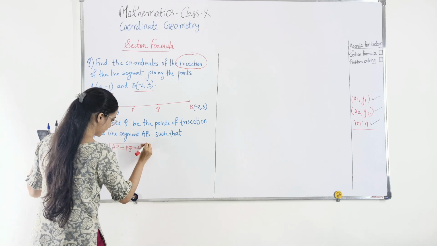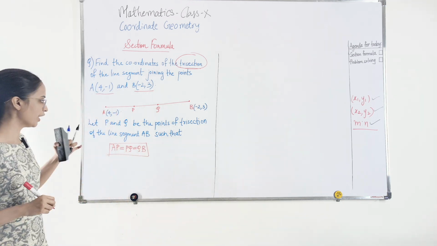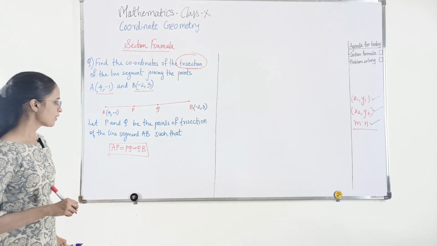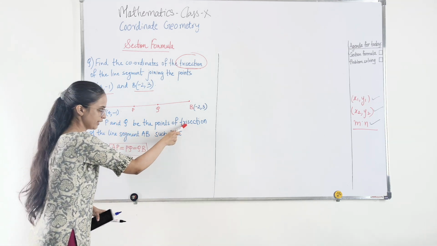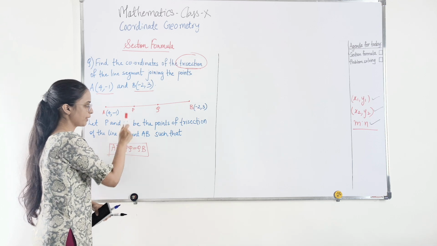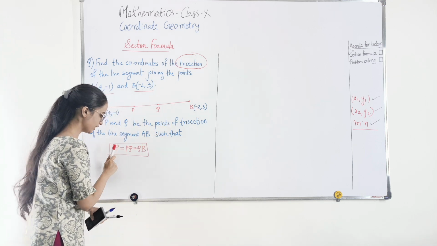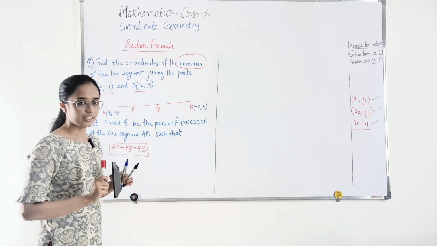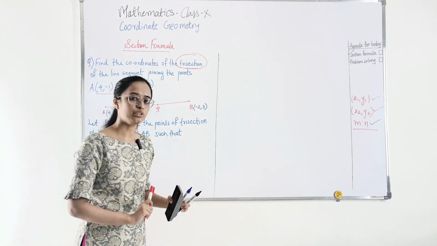This is very important, right? And we have derived this because it is given to us that the line is trisected, right? So since these are the points of trisection, therefore the line segment gets divided into three equal parts, and hence AP equals PQ equals QB. Now pay attention. How are we going to get the values of P and Q?